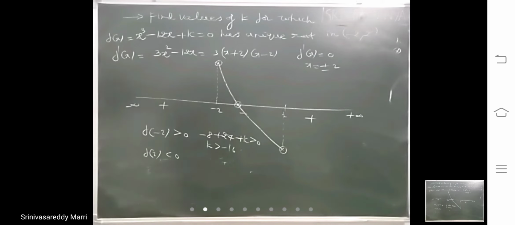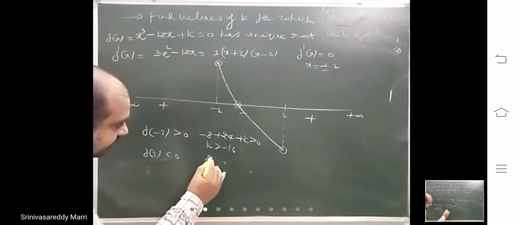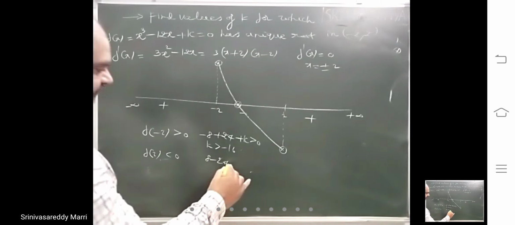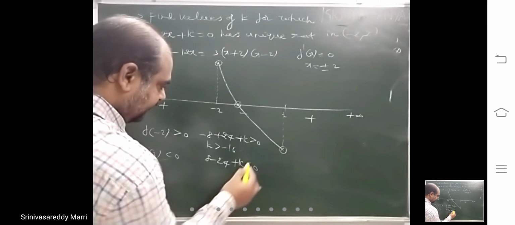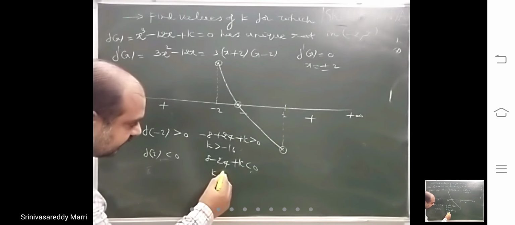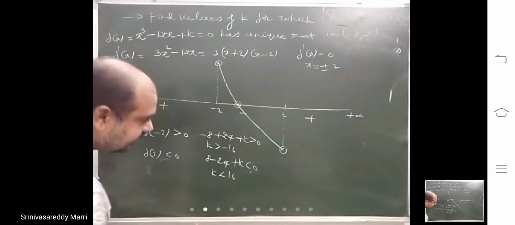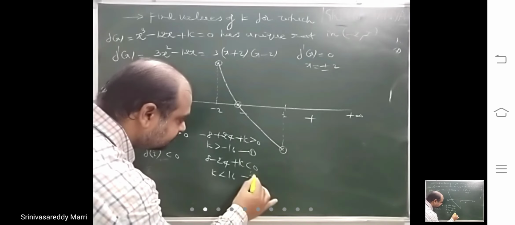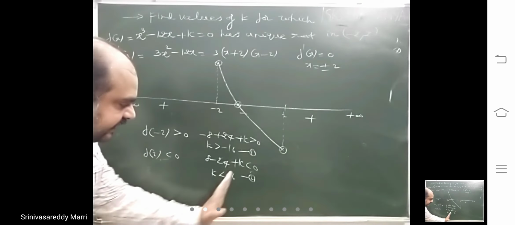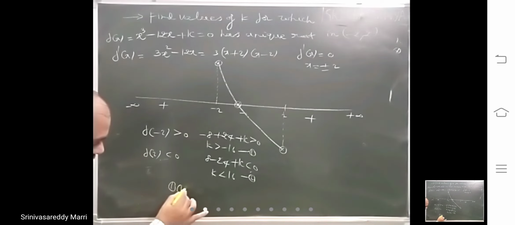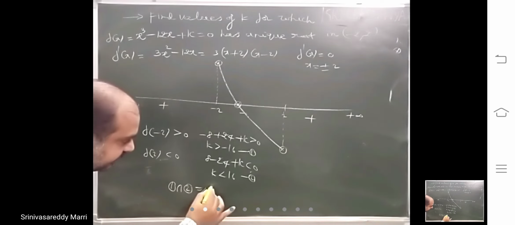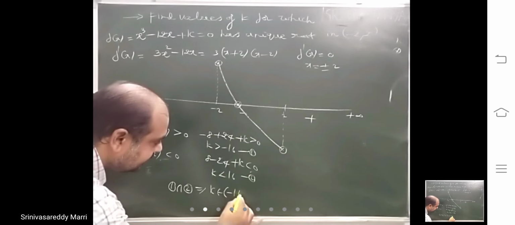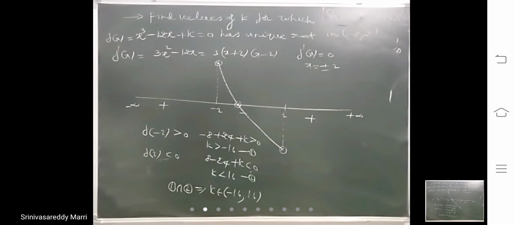F of 2 less than 0 means substitute 2: 8 minus 24 plus k less than 0. That means k less than 16. What is the common? The first is minus 16 to infinity and the second is less than 16. 1 intersection 2 implies k must lie in the interval minus 16 to 16. That is the answer.